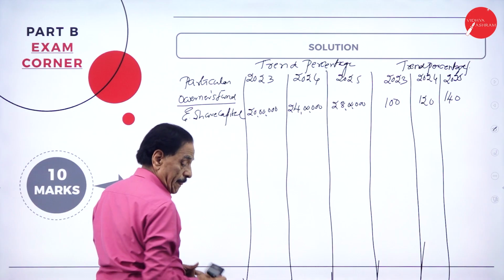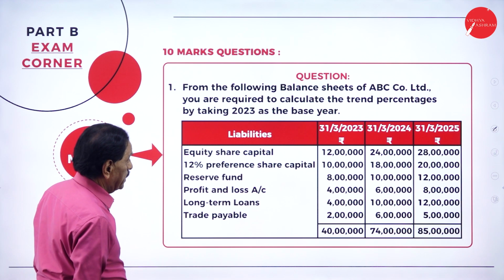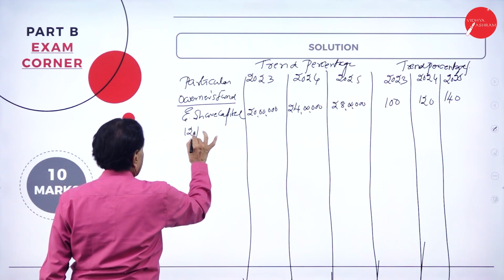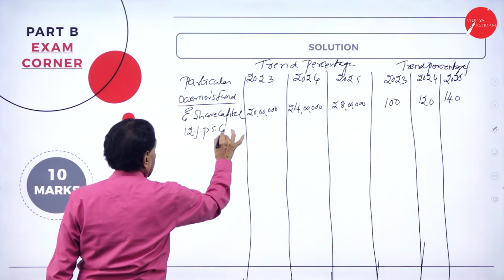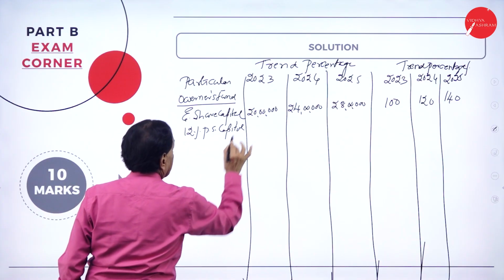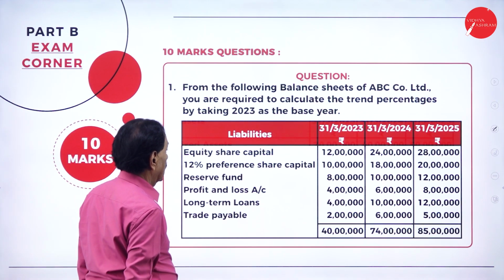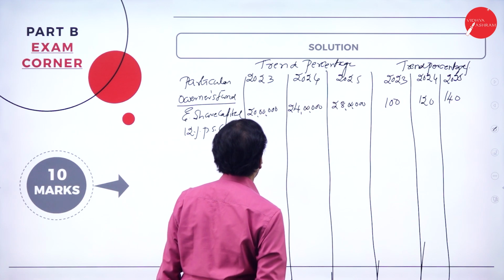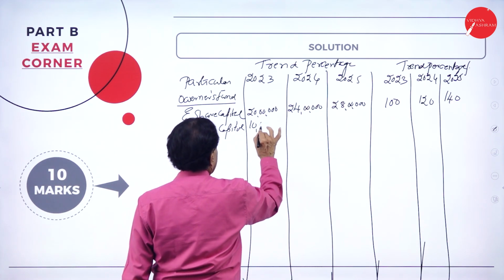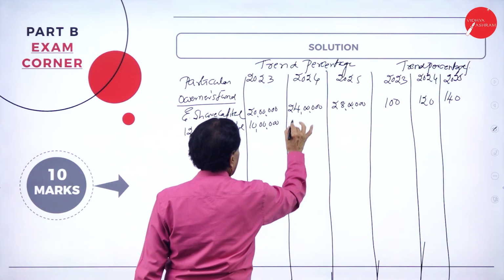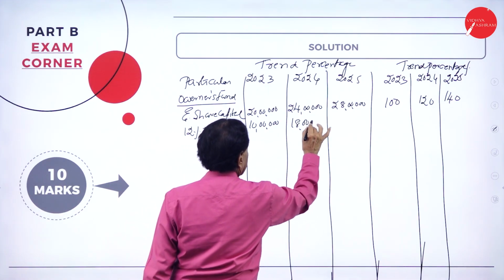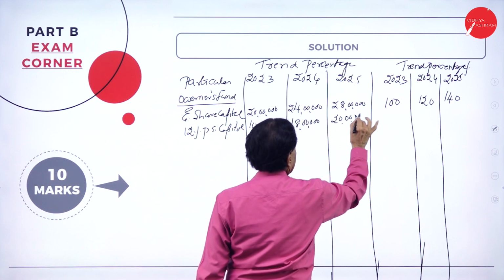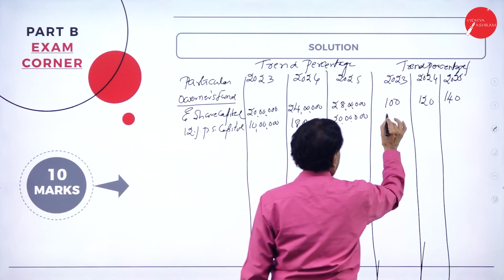Then next one, 12% preference share capital: 10 lakh, 18 lakh, 20 lakh. So the base year is equal to 100.